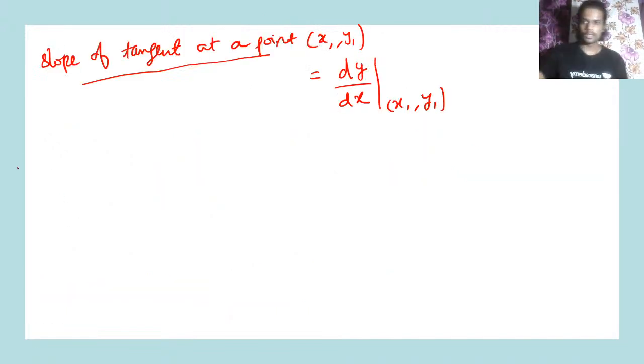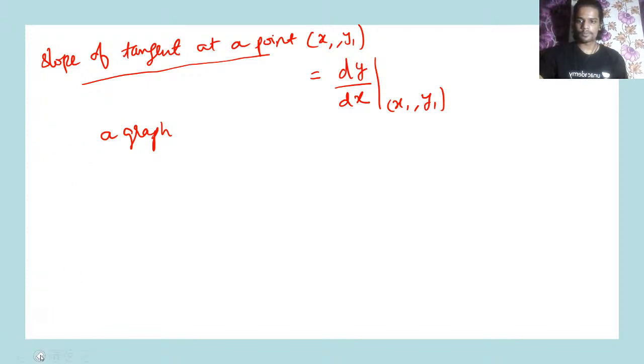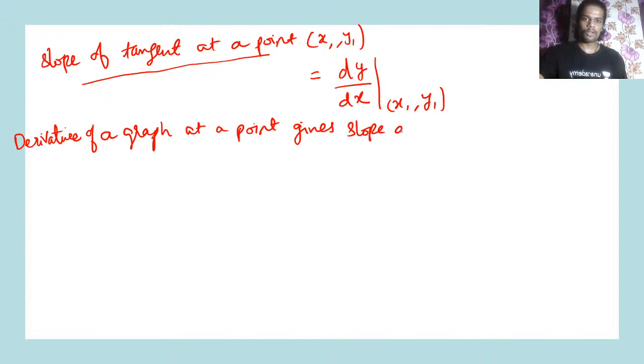The relation is: derivative of a graph at a point gives slope of tangent at that point.